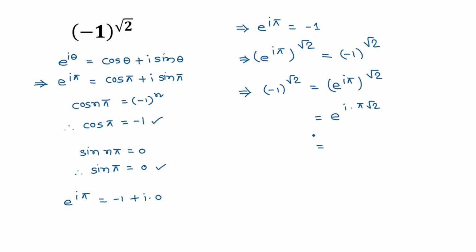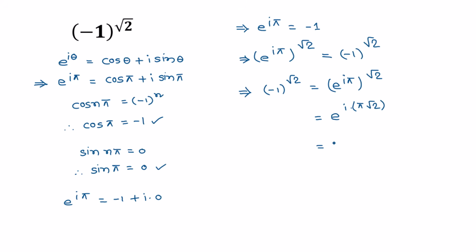Now applying Euler's identity, e to the power i theta is equal to cos theta plus i sin theta, again here we can write e to the power of i, considering pi times square root of 2 as theta.